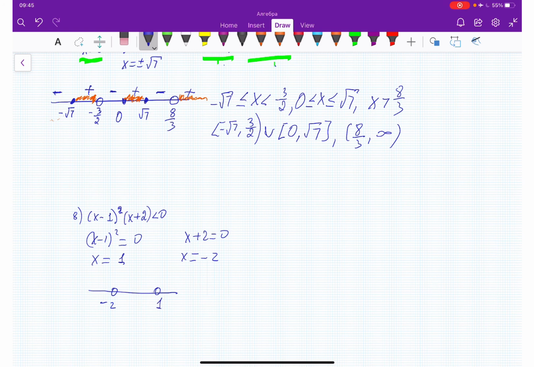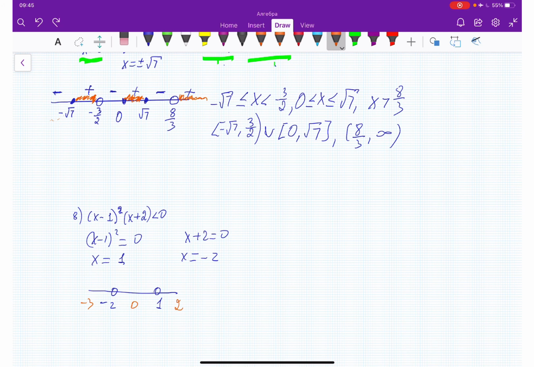So for negative 2, what am I taking? Negative 3. Here we are taking 0, here we are taking positive 2. Okay, if I take negative 3, it doesn't matter what will be in the first parenthesis because it's going to be positive. We have a square, right? So it's always going to be positive. So the solution is going to be decided by x plus 2.